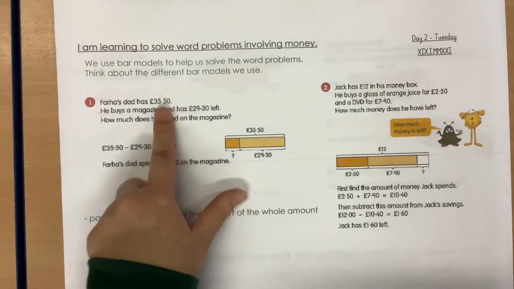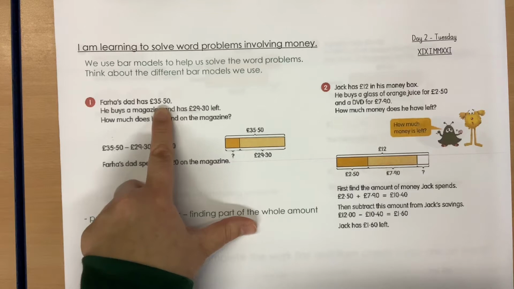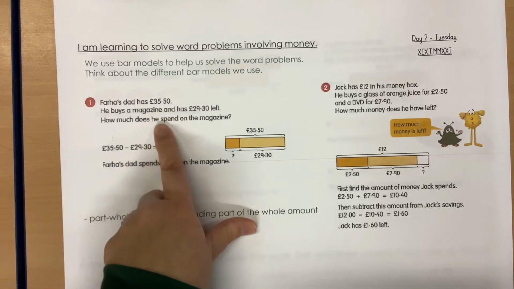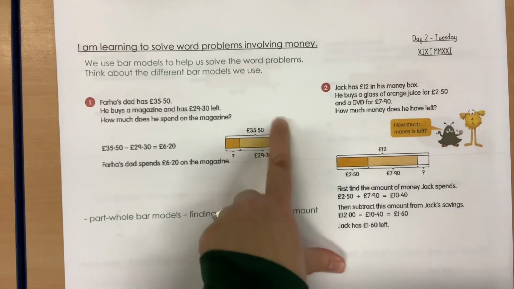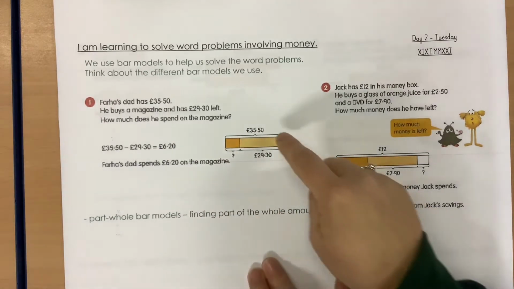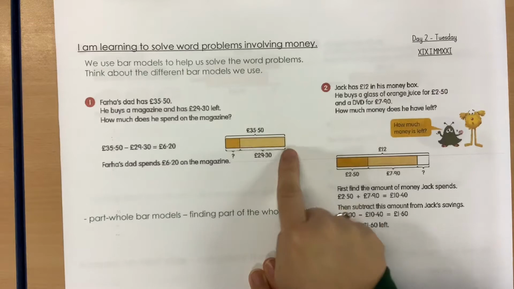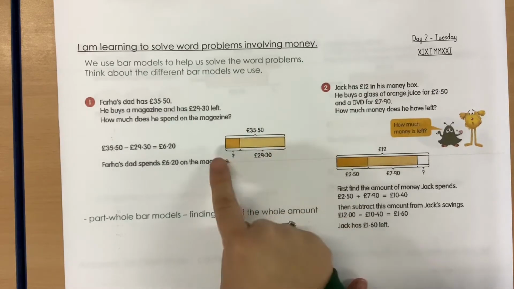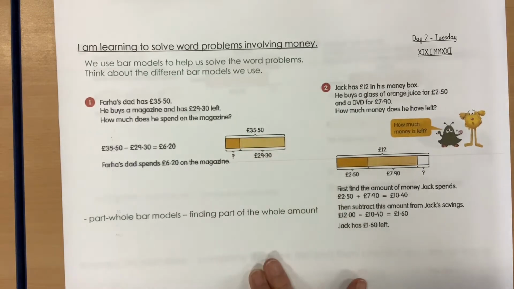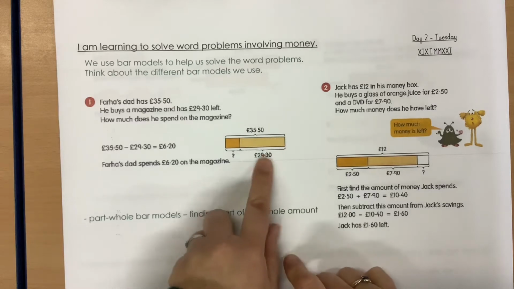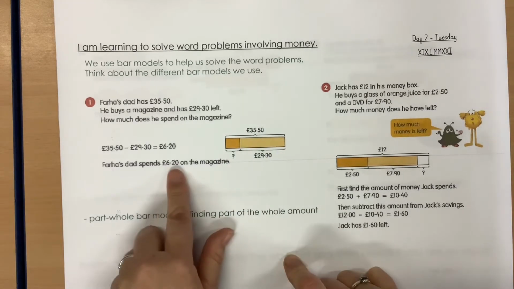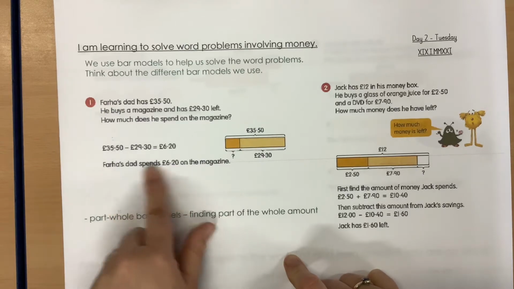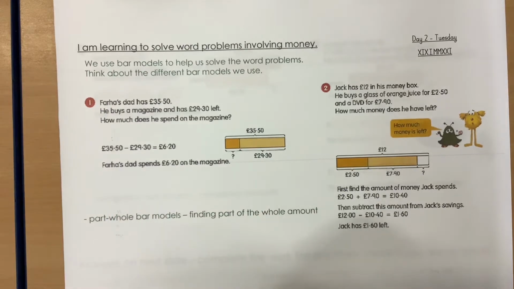So we know that the whole amount that Farah's dad started with is £35.50, and we know that he has £29.30 left of that £35.50. We know the whole amount, we know part of the whole amount, and we're looking to find the remaining part. So we subtract £29.30 from £35.50, and the answer is £6.20. Farah's dad spends £6.20 on the magazine.